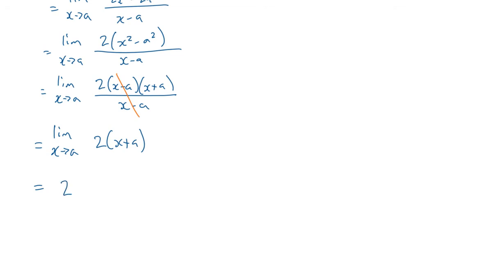So we are subbing in a. Usually it would be something like the limit as x approaches 2 of, let's say, x squared plus 3, and we would sub the 2 in for x. So in this case, we're subbing the a in for x, so we get 2 times a plus a.